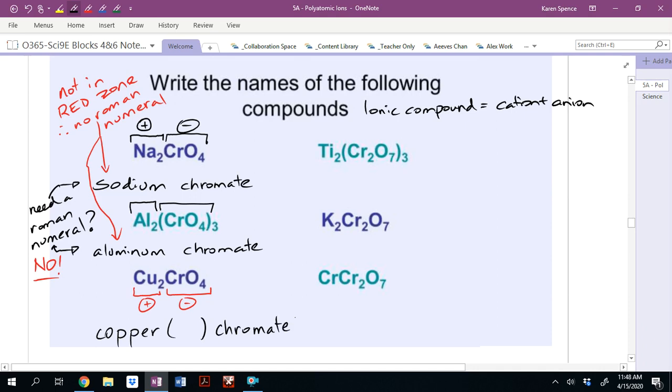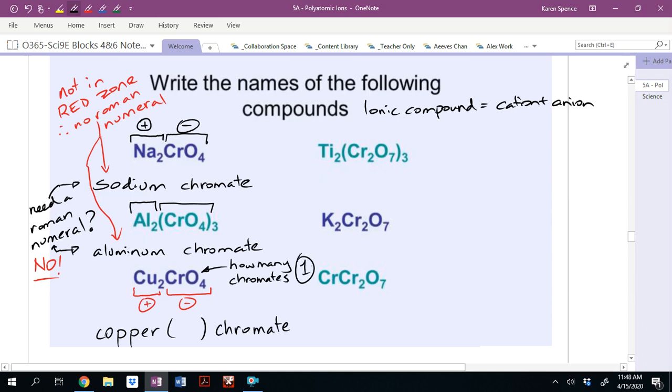Just pause your video for a moment, and I want you to tell me, how many chromates are in this compound, in that formula? How many chromates? There is only one.